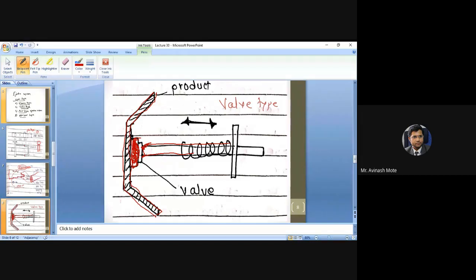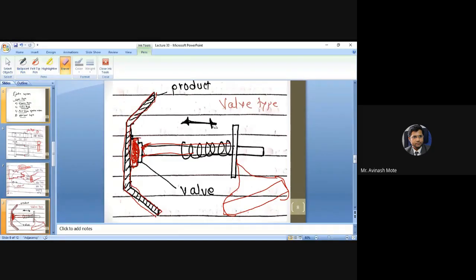What is the purpose of this wall? I'll give you a simple example. Have you seen the large size cranes? When you want to pick up a very large component using large size cranes, they are not using chains or angles, holders or clamps like this.